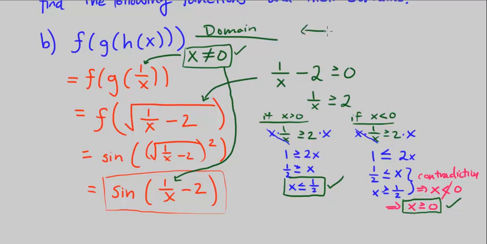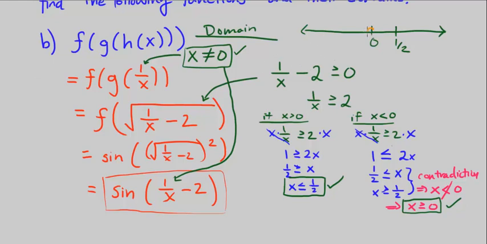So we can use a quick number line to go ahead and justify our domain. So here is 0, right? Here I'm going to label 1/2, right? So these are our critical points. And I'm going to go ahead and shade in what x can be.